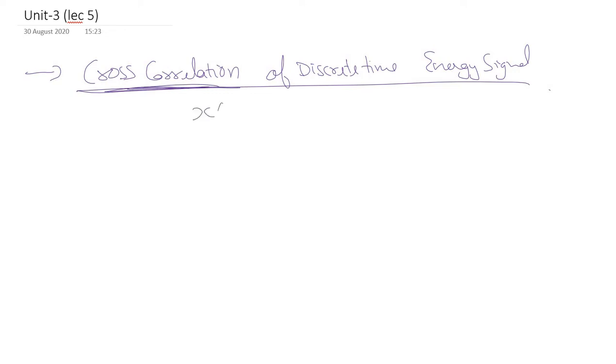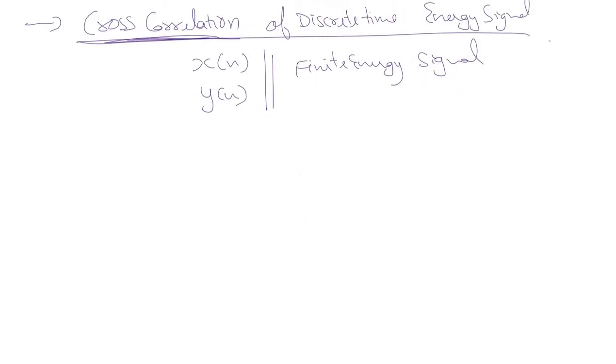Let's suppose the two discrete time signals present are x[n] and y[n], and these two are finite energy signals. So the corresponding cross correlation function Rxy[m] can be defined, where m is the shift or lag in time.